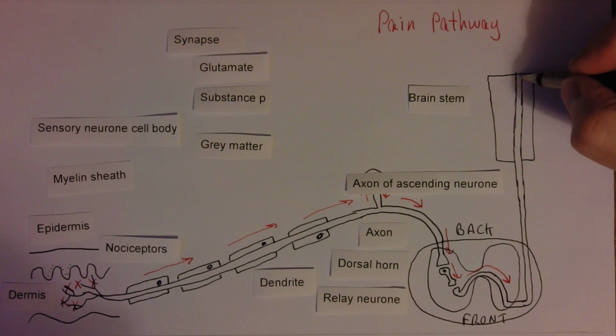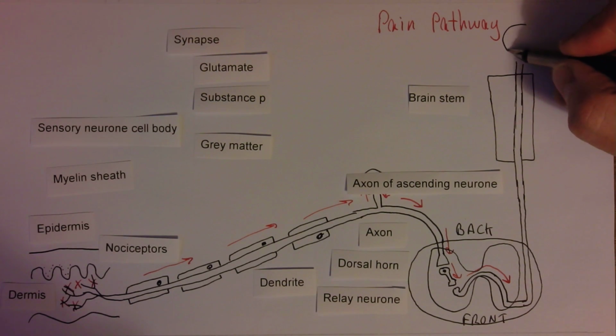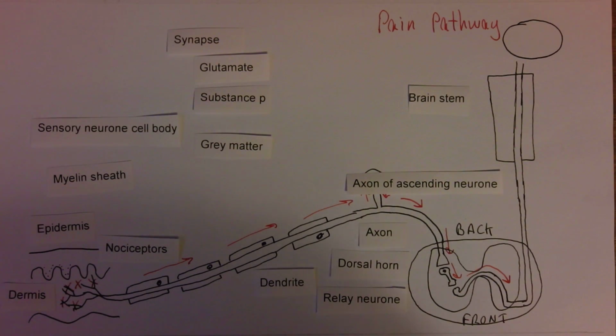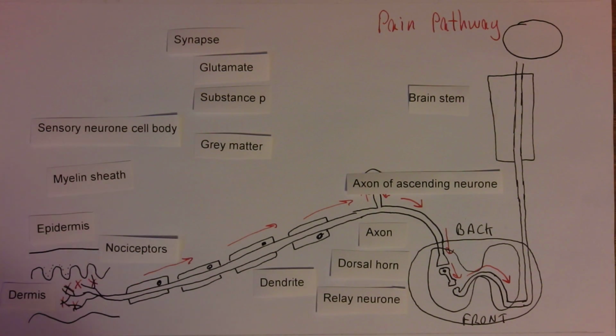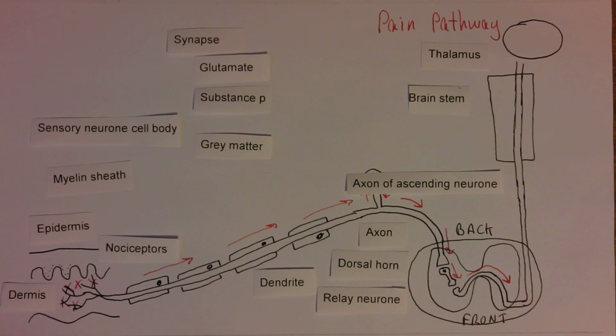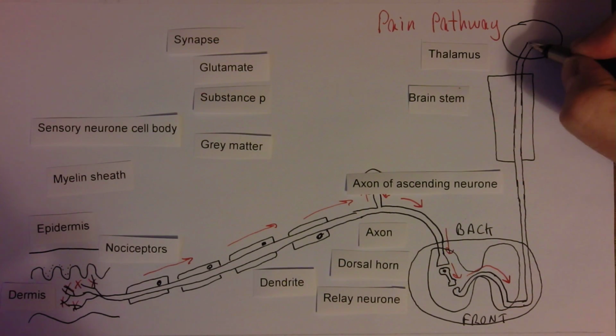Then it's going to leave the brain stem, and it's going to go to an area near the base of the brain called the thalamus. Then that nerve fibre is going to go into the thalamus, and in the thalamus that's going to terminate. That's the end of that one.